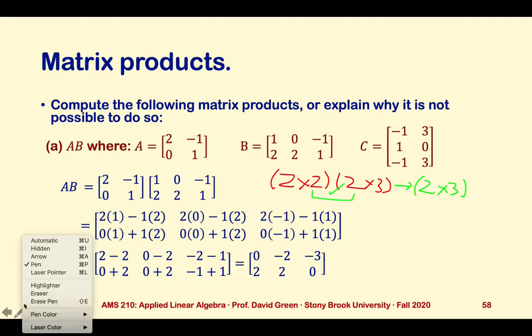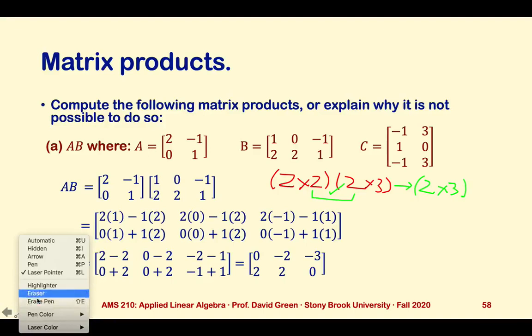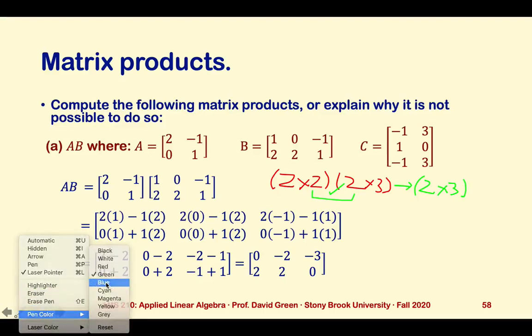The way we find the elements of this resulting matrix are by walking along rows of A and columns of B and taking the corresponding dot products of those vectors.